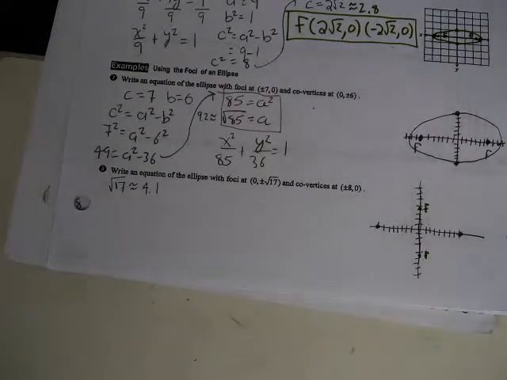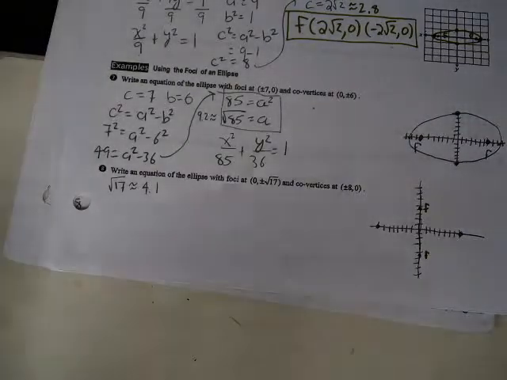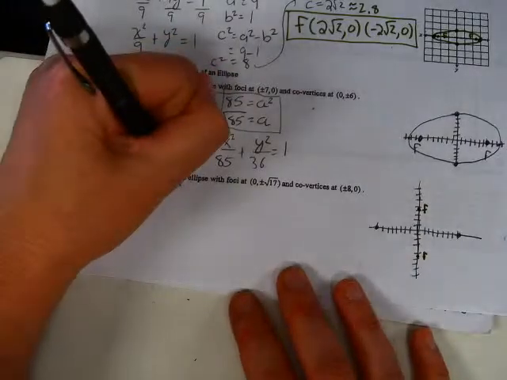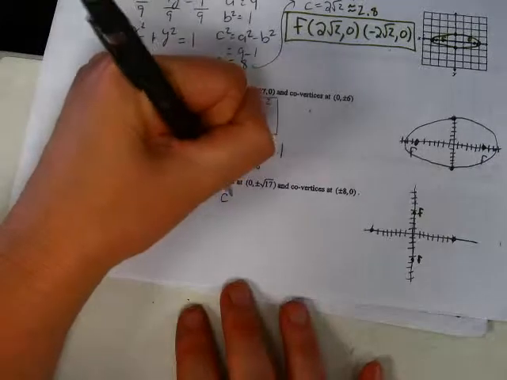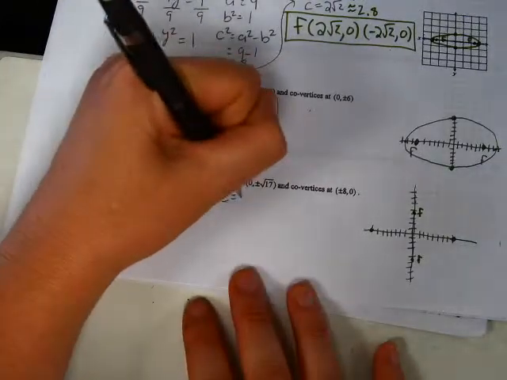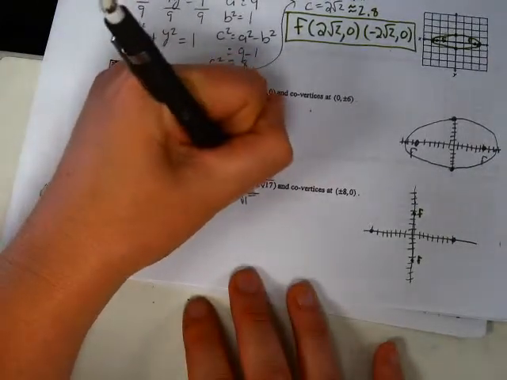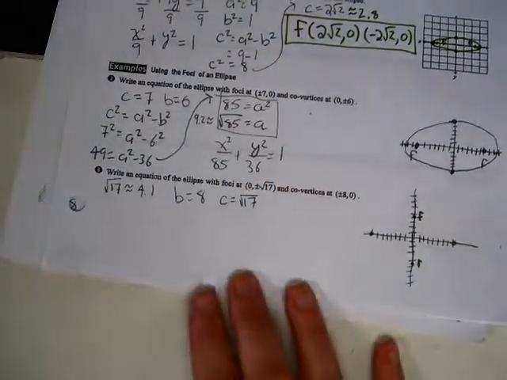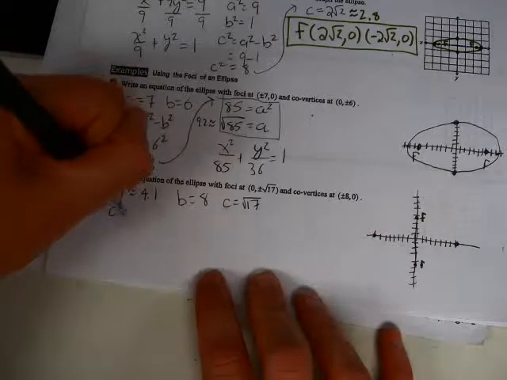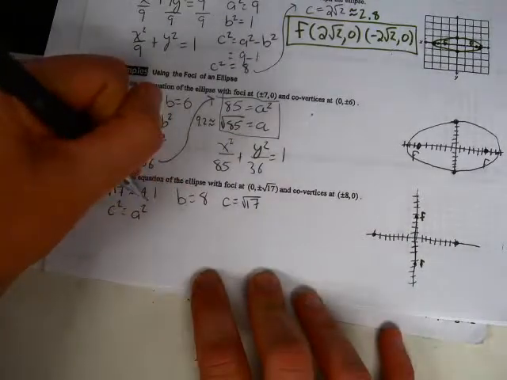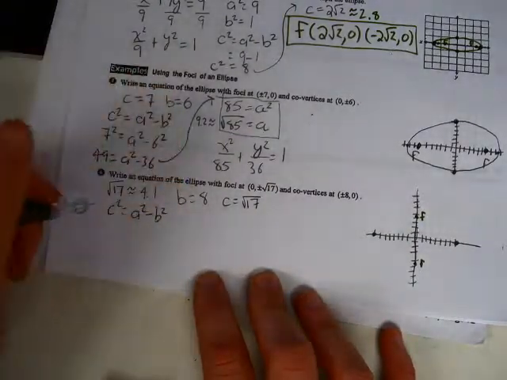So I know B equals 8, and I know C equals radical 17, and now I can find A. C squared equals A squared minus B squared.